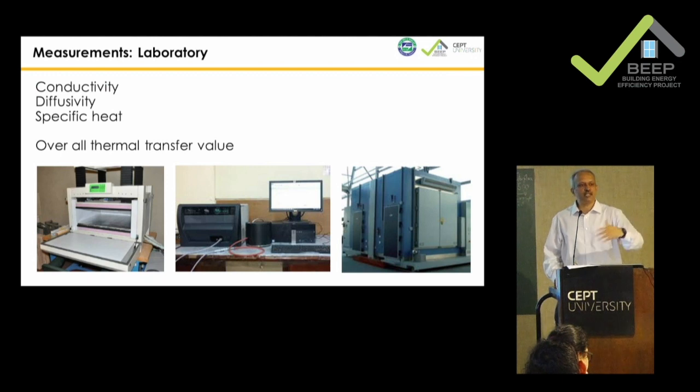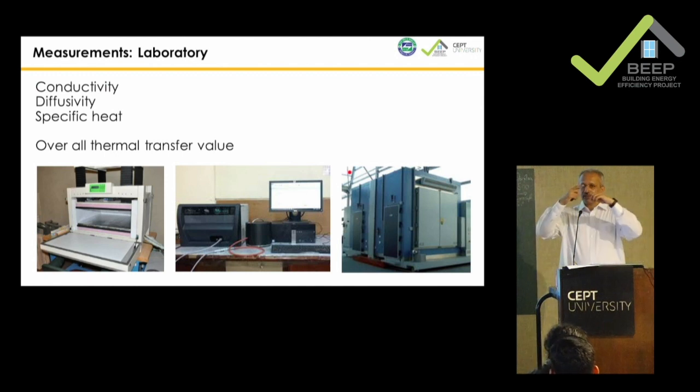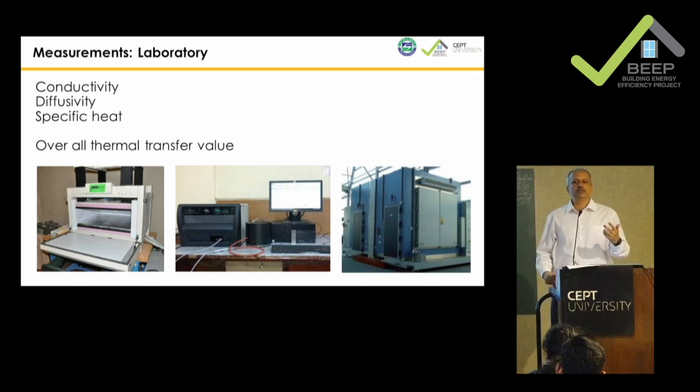You have to find straight away overall heat transfer values, which is the U value, which goes somewhere here where we actually construct a wall, and you'll be able to see one rat trap bond testing going on. So we actually construct the wall. We put the wall into a certain condition where one side is a hot side, one is a cold side, and then we try to understand how heat transfer takes place, and then we find a U value of it. Okay?